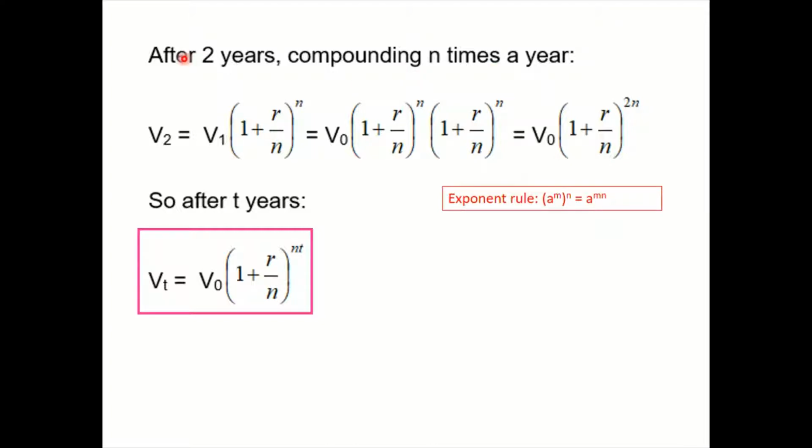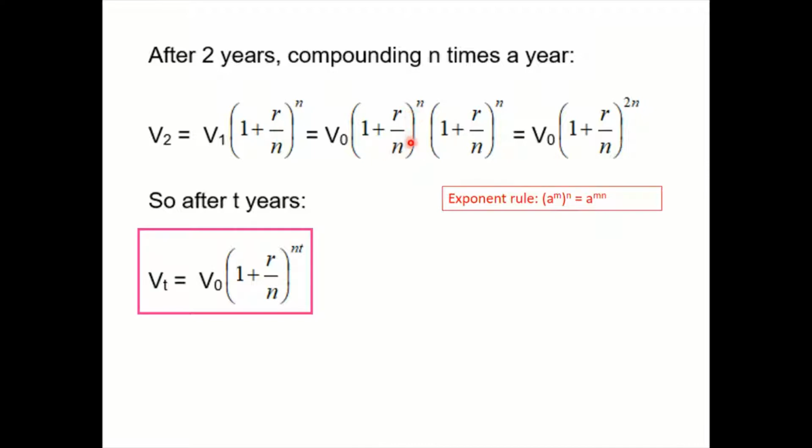So the formula to calculate the value of our investment after 2 years, if we have a look over here, if we took the initial value of the investment and we multiplied it by what we have in the bracket here, so 1 plus the annual interest rate divided by the number of times we compound within a year.